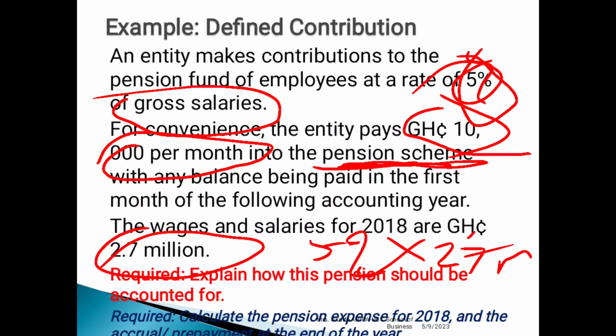Yes, 5% of 2.7 million, and we will get the answer and compare it with the 10,000 Ghana cedis per month. This one is for 2018, so it means for a year. So we have to find per month, or we can multiply this by 12 and make it for a year, then compare. So that is it.